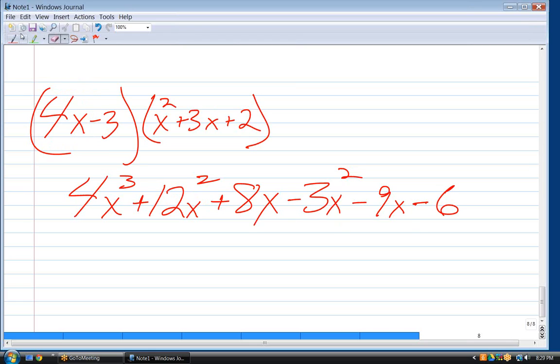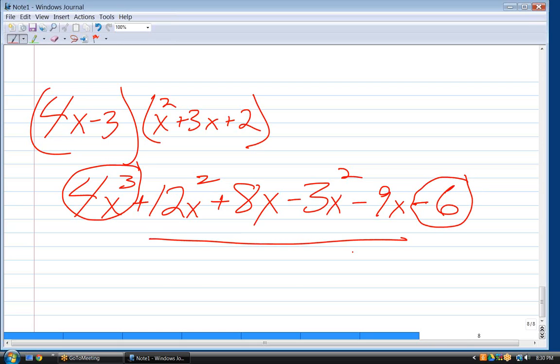Now let's simplify this. Okay. Now, when you're simplifying it, this term's always going to be the only one that has x cubed, and this term's going to be the only one that has any numbers. So the only things we have to combine is everything in the middle. Okay? Just good to know.